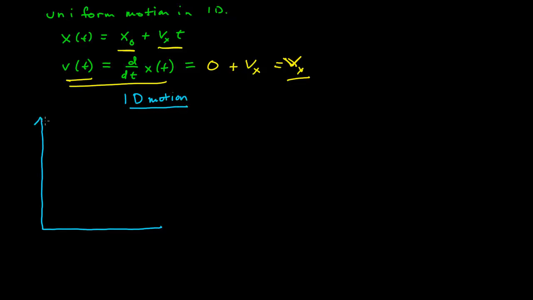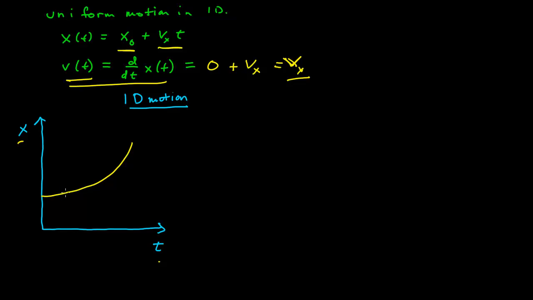But instead of plotting x and y, I just have one dimension, and so I'm plotting the x motion as a function of time. And so if I have some arbitrary motion like this, I can use our knowledge of the derivative to be able to extract velocity information from a position versus time graph.